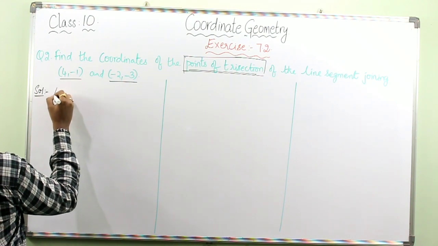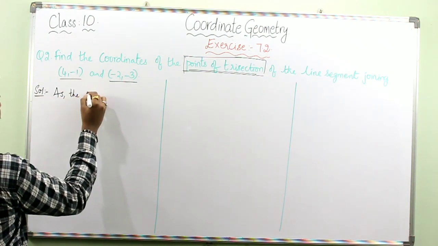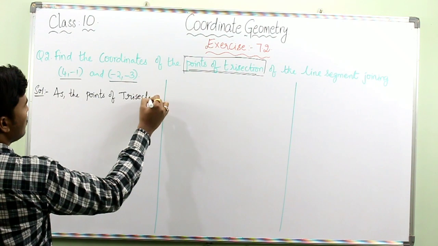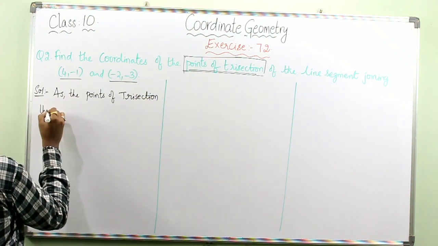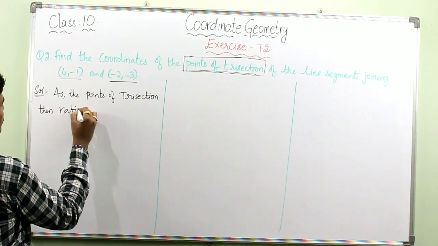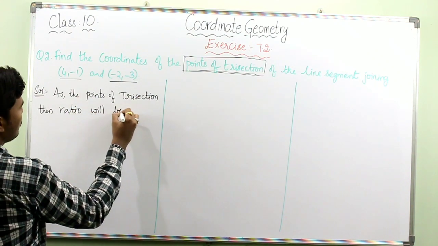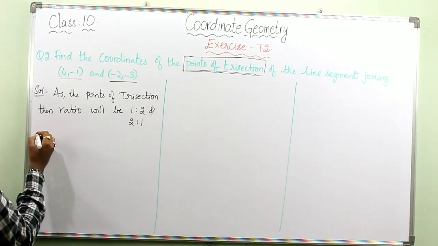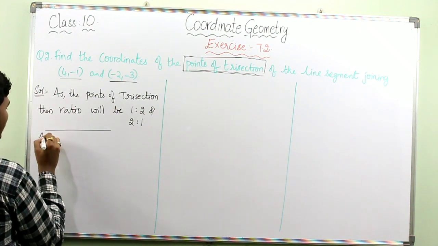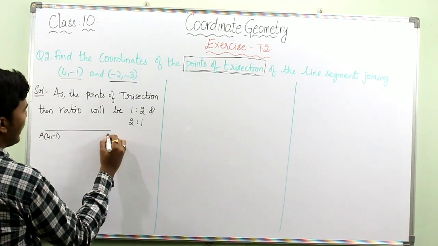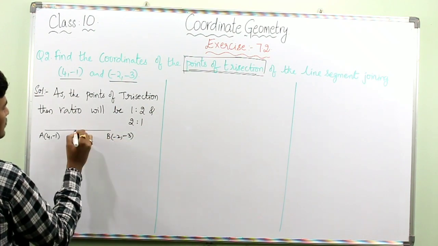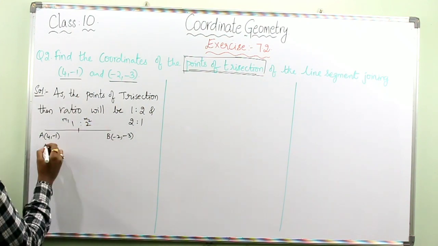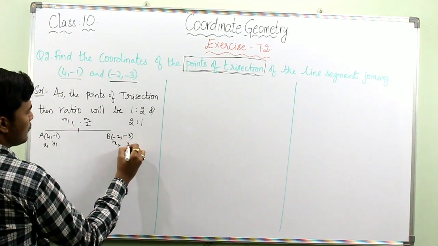So we'll write: as the points of trisection, the ratio will become 1 is to 2 and 2 is to 1. Let us consider A as (4, -1) and B as (-2, -3), and let us take the ratio as 1 is to 2 first: m1, m2, x1, y1 and x2, y2.